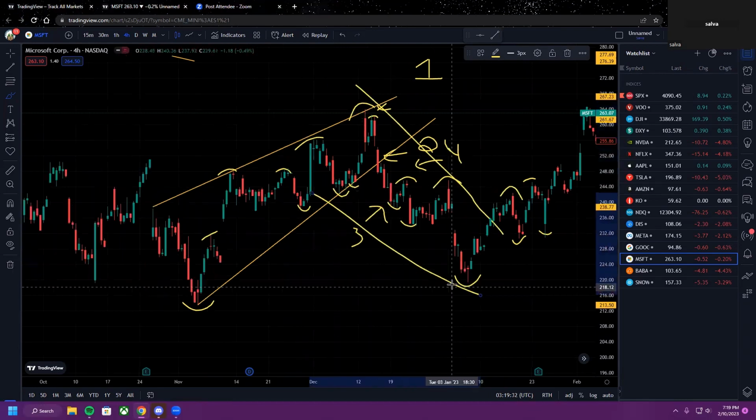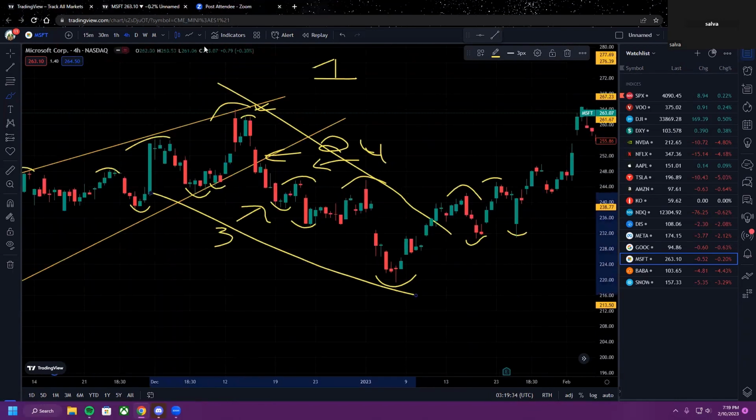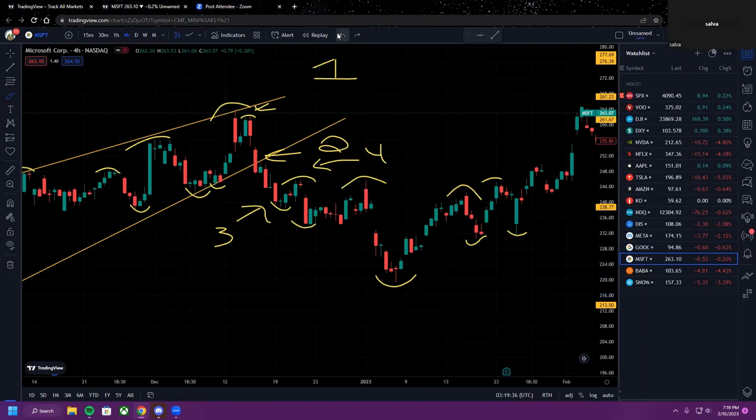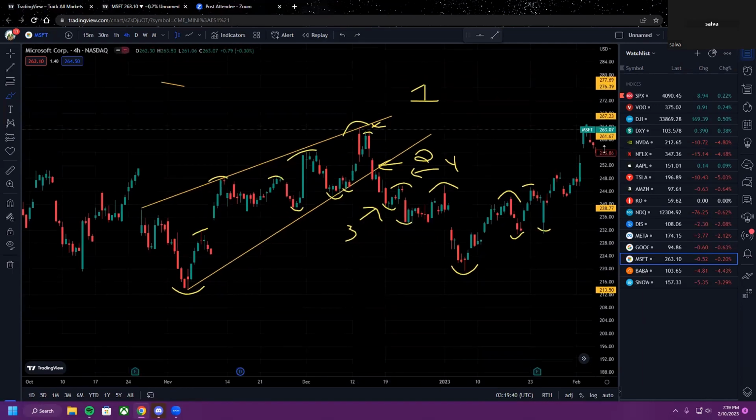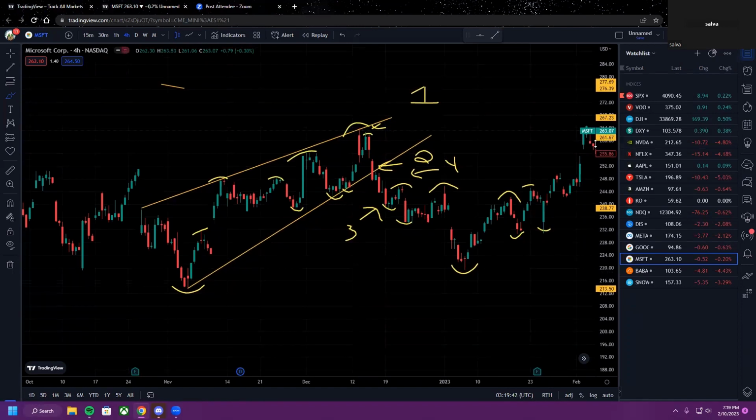So if you want, can your computer take a screenshot? Yeah, but I forgot how to do it. No worries. Look, I'm going to take a picture. Actually, there's one right here. I think I could take a picture up here with TradingView. Oh yeah, you could.